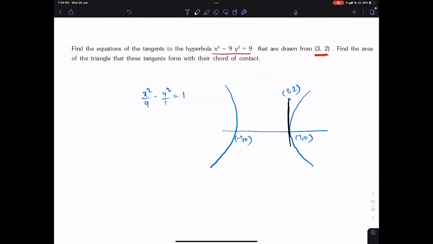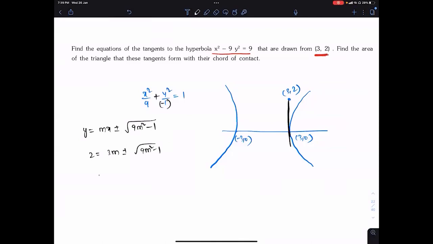Okay, let us see. So what is the general equation of tangent? y = mx plus minus square root of 9m square minus 1. Here it is minus 1. Substitute (3, 2): 2 = 3m plus minus root of 9m square minus 1.